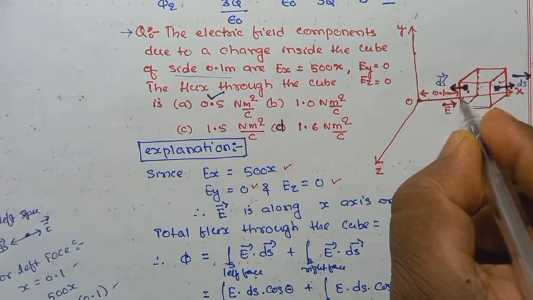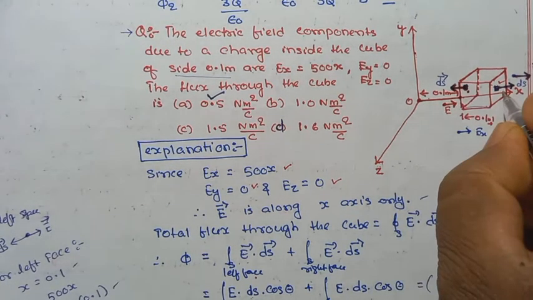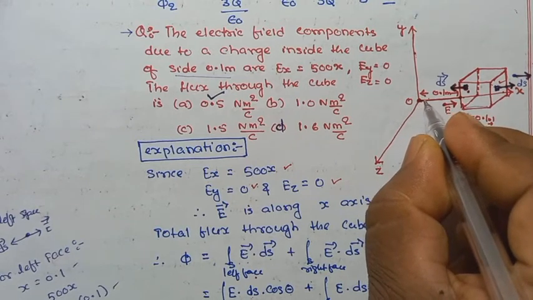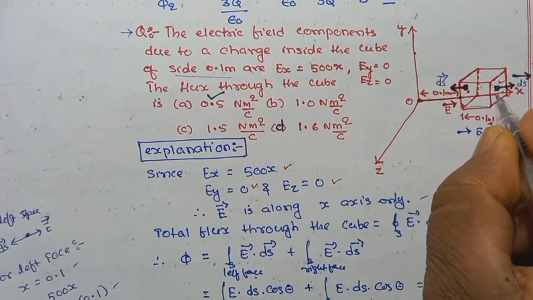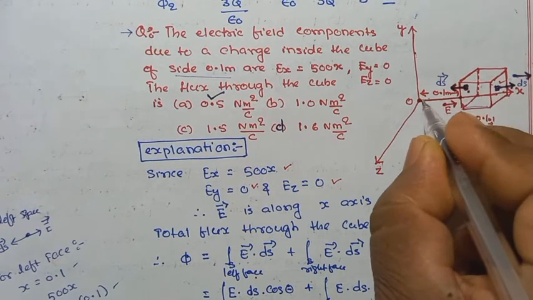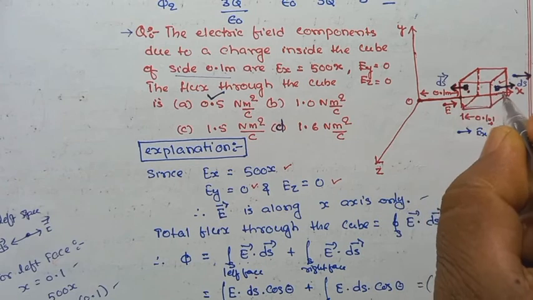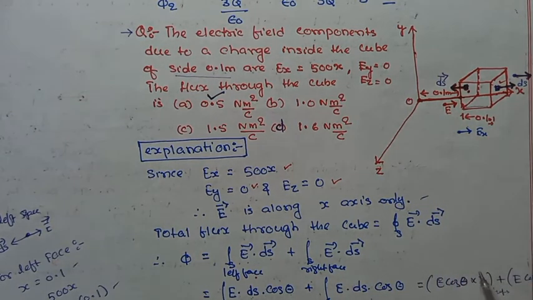So 500 into 0.1. Similarly, for this face, we will take the distance from the origin. From here to here it is 0.1 meter, so 0.2 meter, that is E is equal to 500 into 0.2.